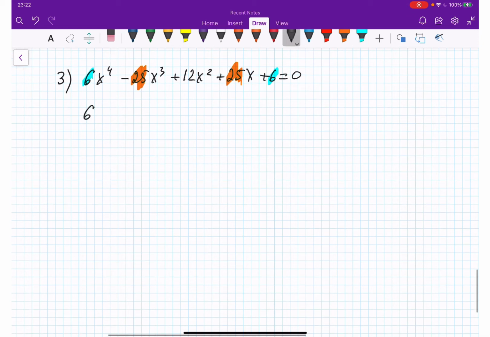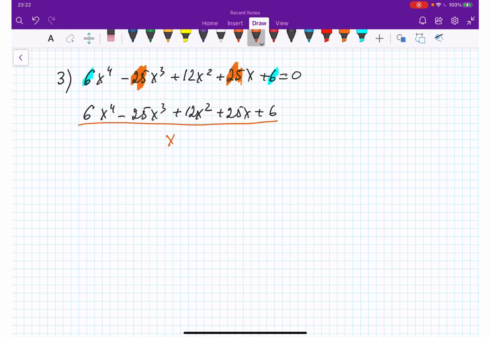So I'm going to write minus 25x cubed plus 12x squared plus 25x plus 6, and all this I'm going to divide by x squared. So we are getting 6x squared. I'm going to divide every single term.